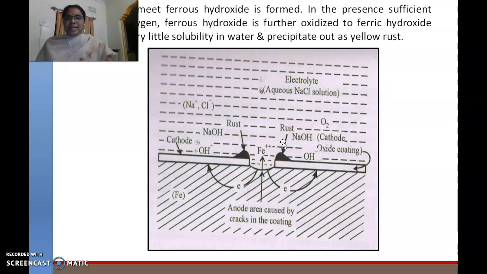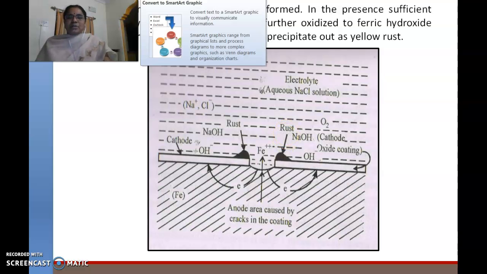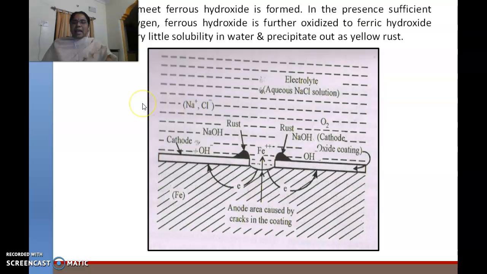So once again I remind you, electrochemical corrosion takes place in aqueous solution, in an electrolyte. So when two dissimilar metals are there, here in this case they act as anode and cathode. Obviously anode means oxidation, cathode means reduction.